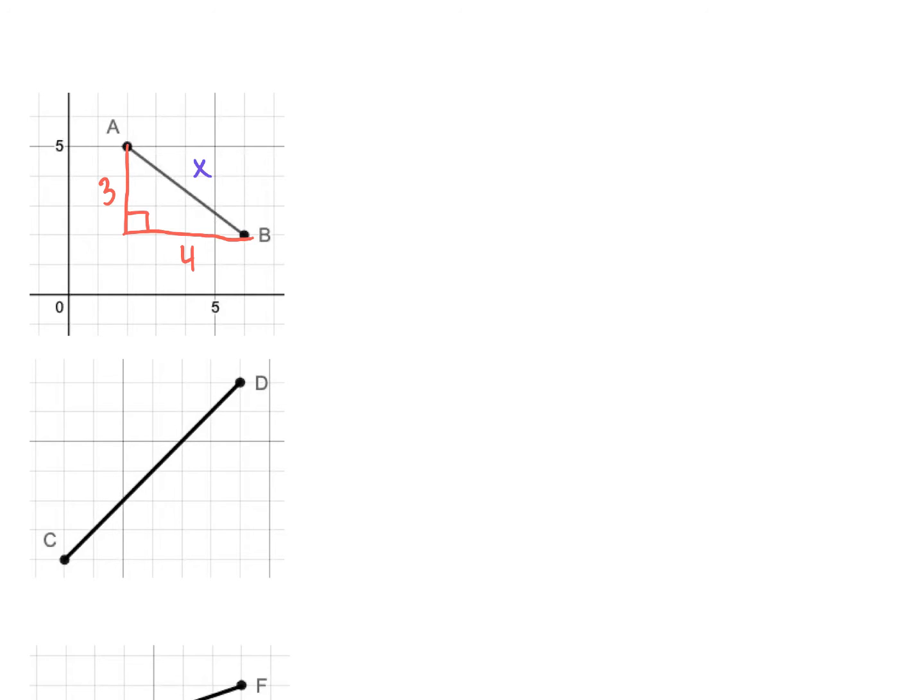So 3 squared plus 4 squared should equal, I suppose I should label this C, not X, C squared. So 3 squared is 9, plus 4 squared is 16, to equal C squared. So we get 25 equals C squared.